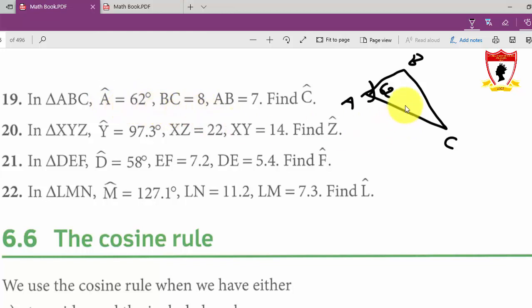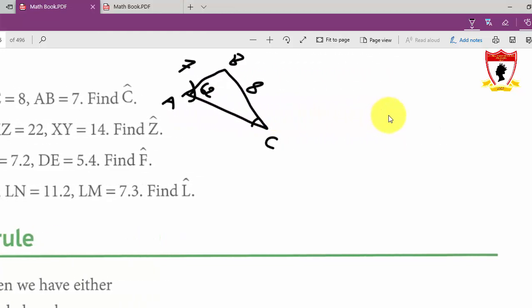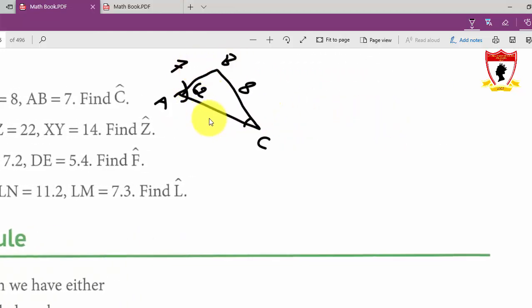BC is 8 centimeters. AB is 7 centimeters. Find angle C. So angle B and its opposite are not given, which means we are not going to use B or the opposite of B.